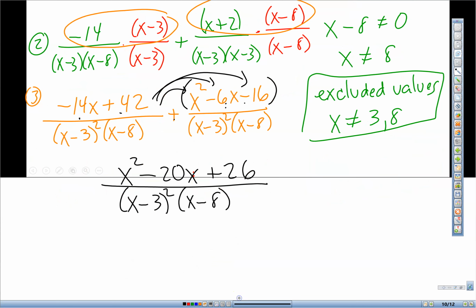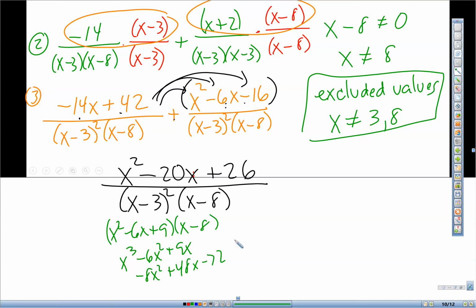And this is an okay answer. Again, best answer would be removing the parentheses from the denominator. The x minus 3 quantity squared would be x squared minus 6x plus 9. Remember, that's what we factored at the beginning. And then distributing the x minus 8, we get x cubed minus 6x squared plus 9x minus 8x squared plus 48x minus 72.